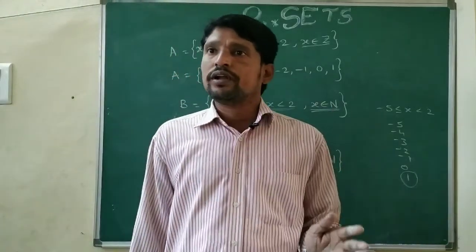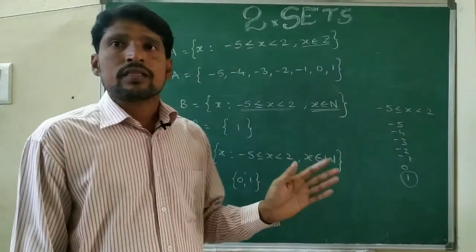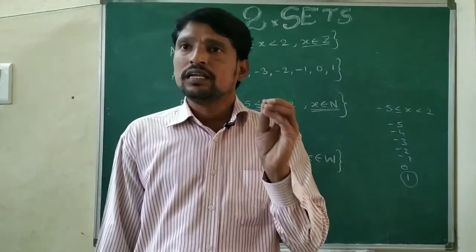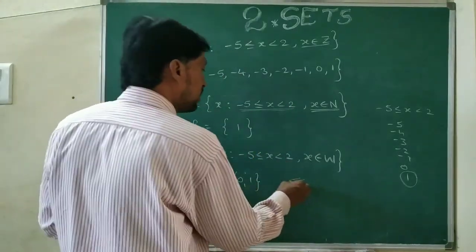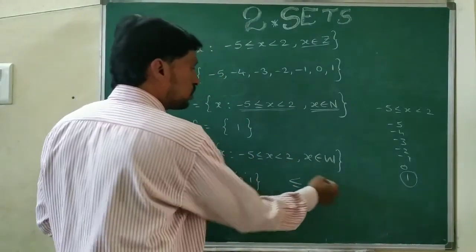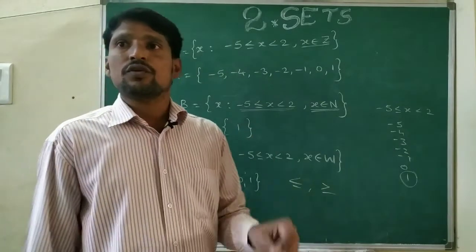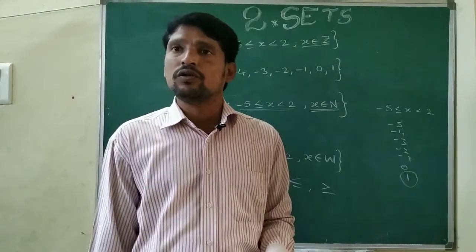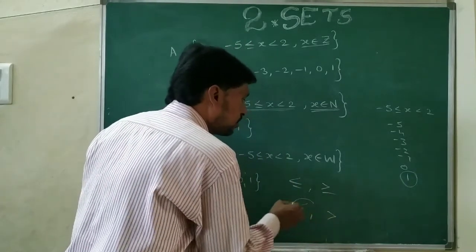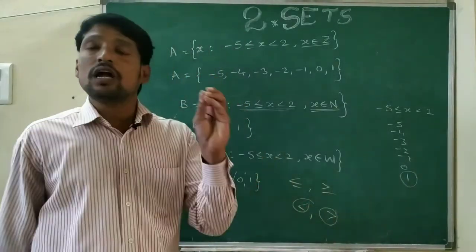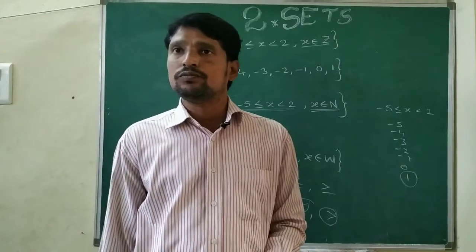This is the way to write the between values. With less than or equal to and greater than or equal to, we should consider both values. Or equal to means we should consider that particular value. Less than and greater than, these two symbols mean we should not consider that particular value.